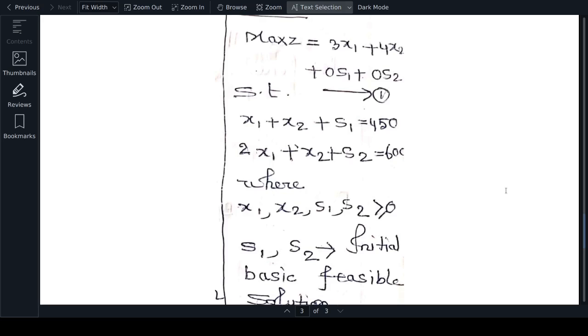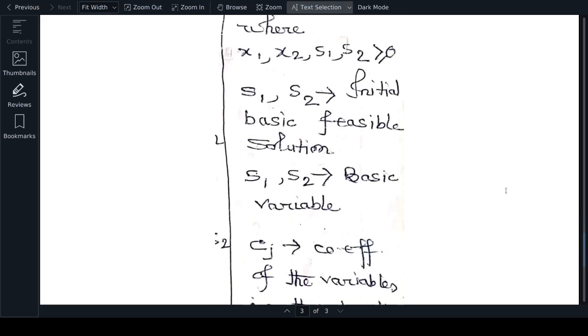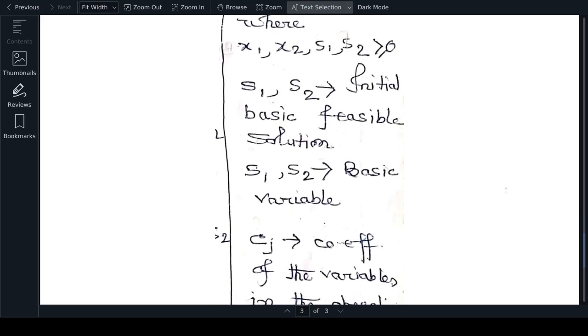One thing you will remember for solving a linear programming problem by the simplex method: we use the identity matrix, because here we need the concept of the identity matrix. So what is an identity matrix? Sir, only the diagonal elements are 1 and the rest are 0. All the diagonal elements are 1, the rest are 0.